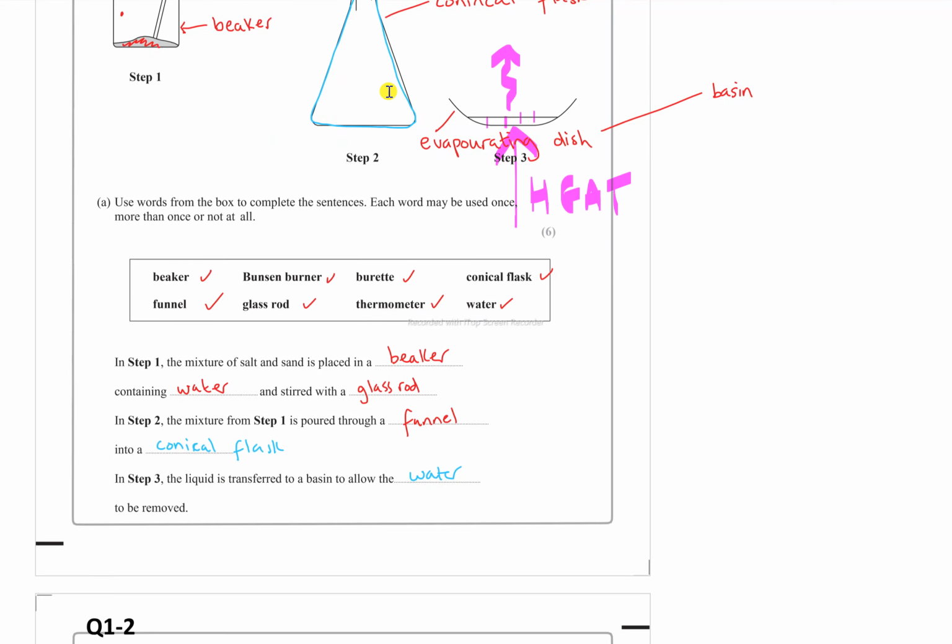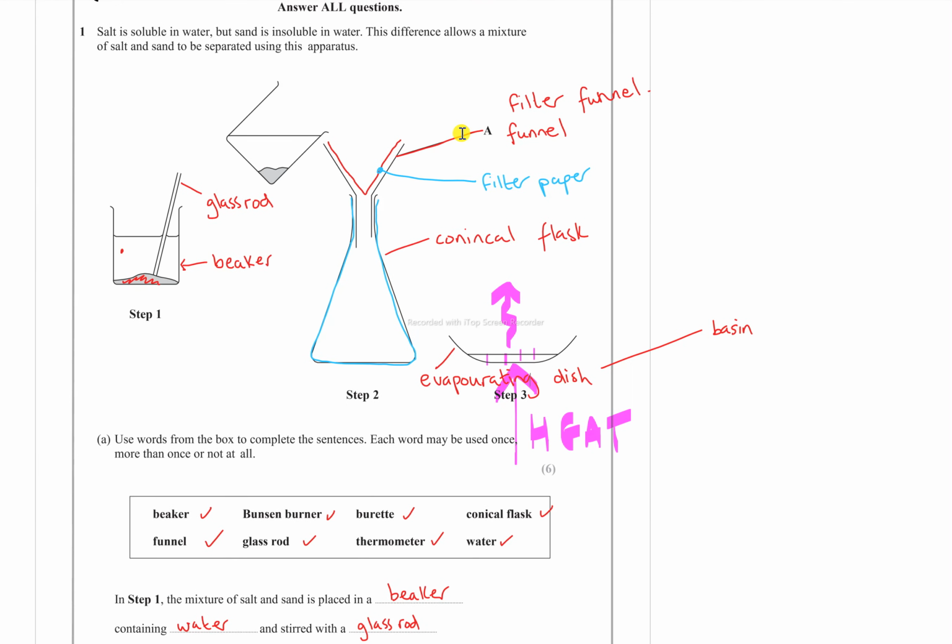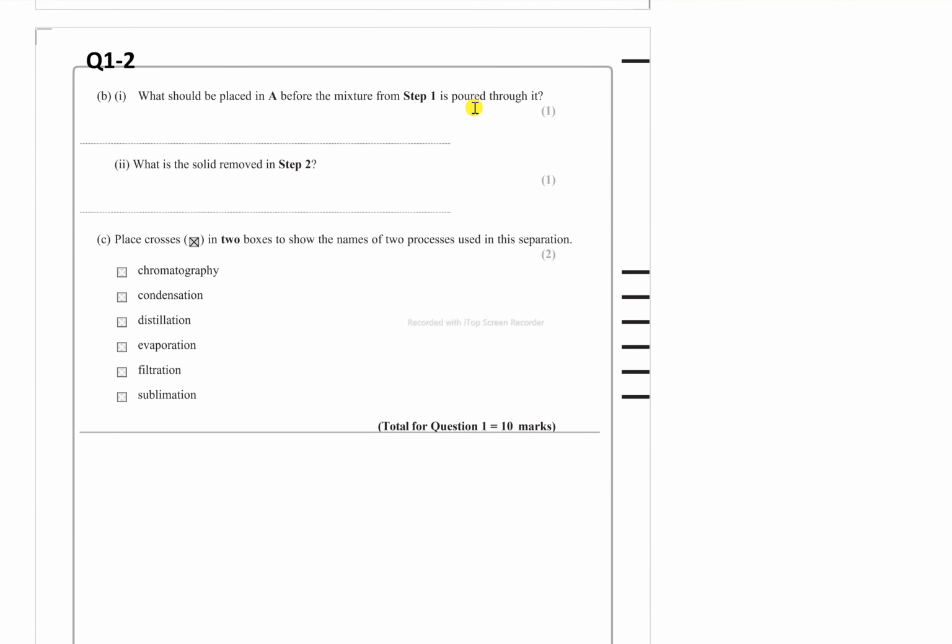But anyway, let's keep moving on. What should be placed in A before the mixture? We've already said that. It's filter paper in the filter funnel. That's why they didn't show it.